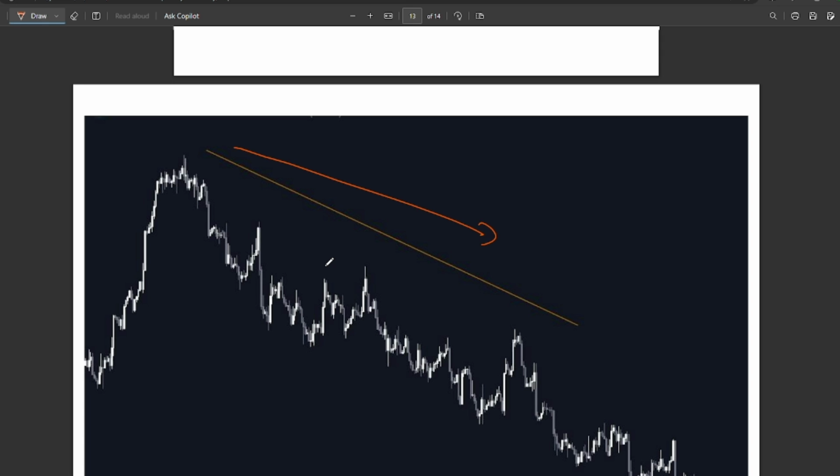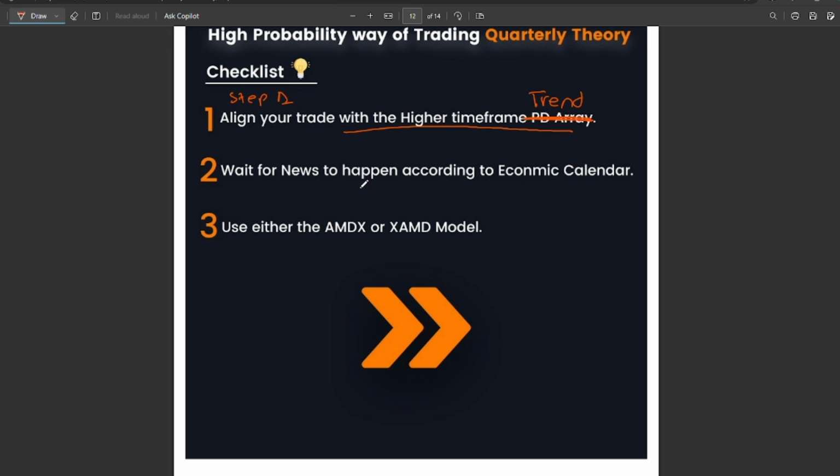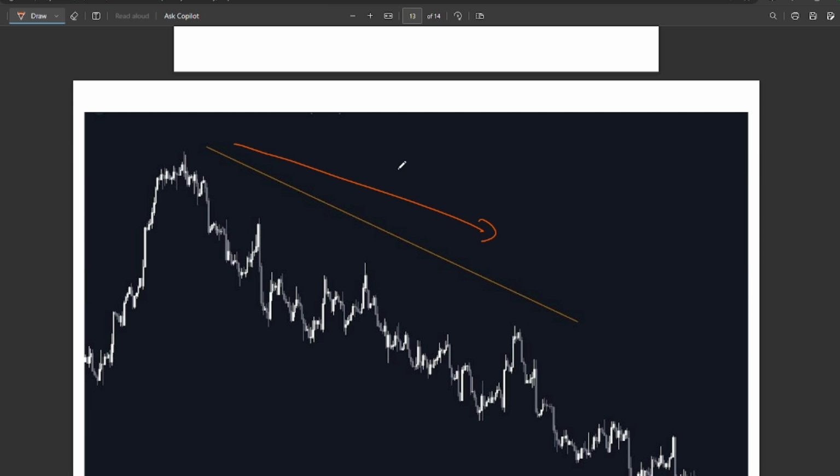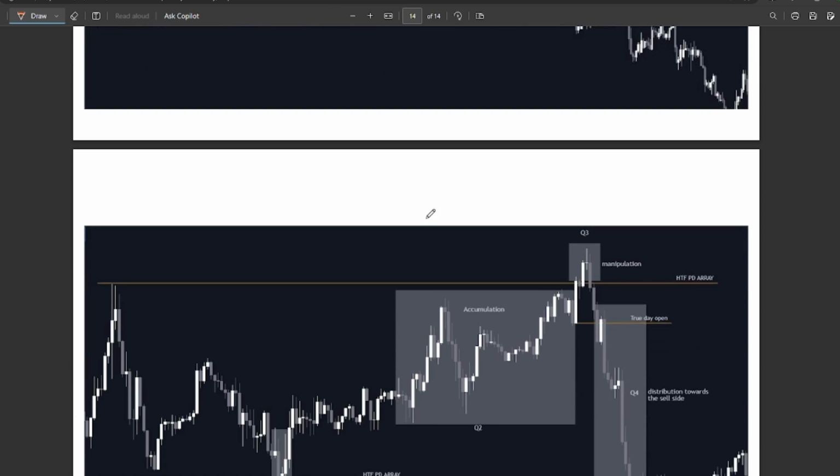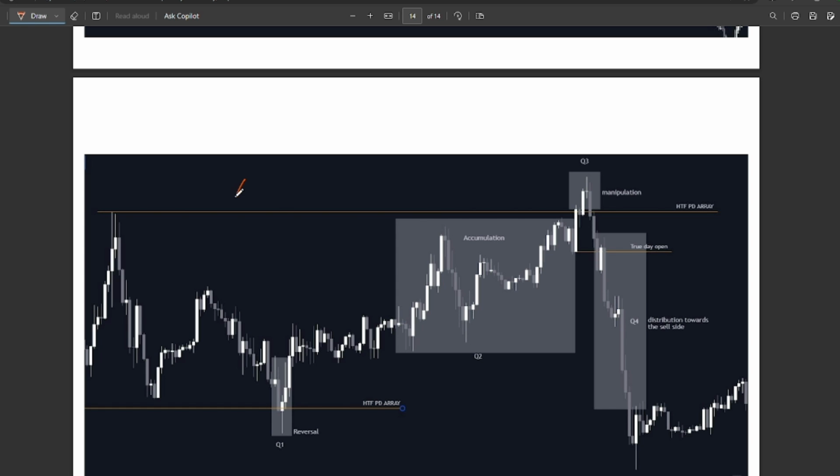Now let's come on to our second step. Wait for news to happen according to the economic calendar. Use either the AMDX or XAMD model. So let's see a trade example. You can see the first step is satisfied, that the trend is bearish. Now if I come to the trade example, you can see this is an XAMD model.